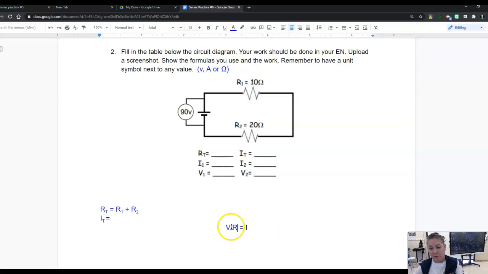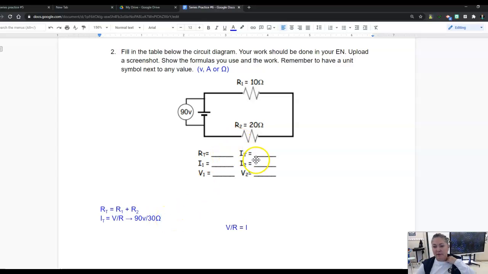So I total is equal to voltage divided by the total resistance. Let's take a look at our schematic. It says I have 90 volts. Remember, I'm dividing, and the total resistance we just got, 10 plus 20, so it's 30 ohms.